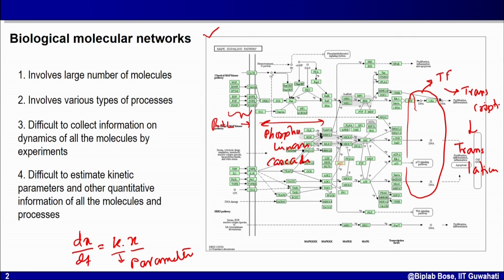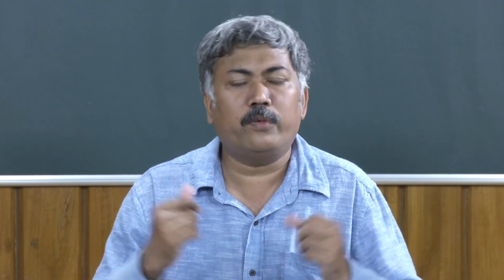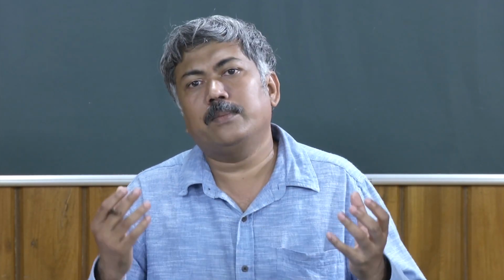Similarly, in these large biomolecular networks, I need to know the parameter value for each of the parameters involved in the processes, like different rate constants. That is very difficult to calculate experimentally, and in most cases it is actually not known. So there is a dearth of quantitative information that I can plug into my model, and that's a bigger obstacle when we want to create an ordinary differential equation based model for a large molecular network.